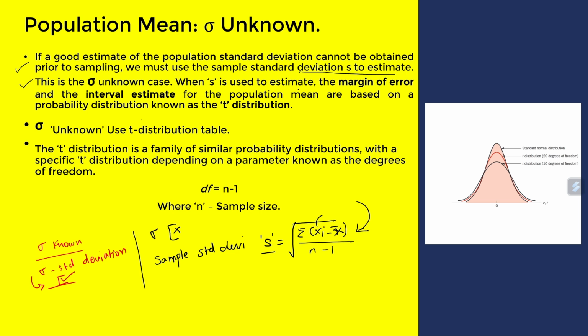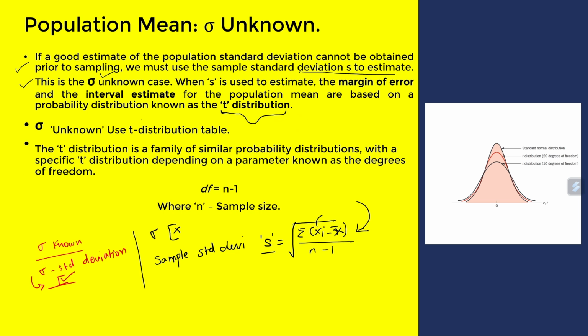When s is used to estimate, the margin of error and the interval estimate for the population mean are based on the probability distribution known as the t distribution. So when sigma is unknown, we use the t distribution table. We will understand what the t distribution is in the next slides.